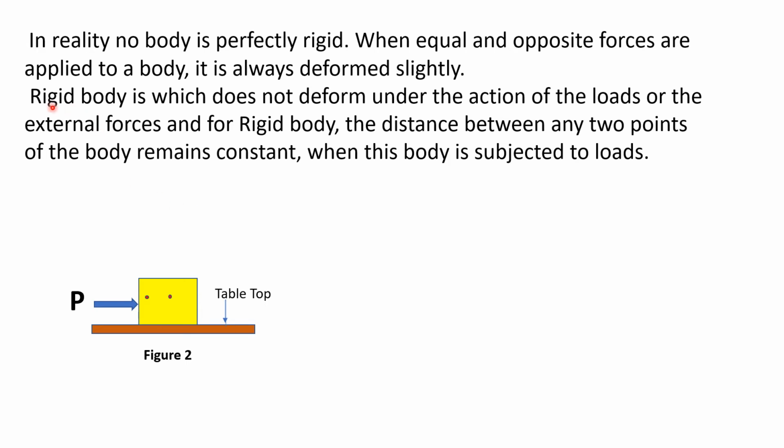What is important is that a rigid body does not deform under the action of loads or external forces, and for a rigid body the distance between any 2 points of the body remains constant when the body is subjected to loads. So this is basically a rigid body, and any body is not 100% rigid.